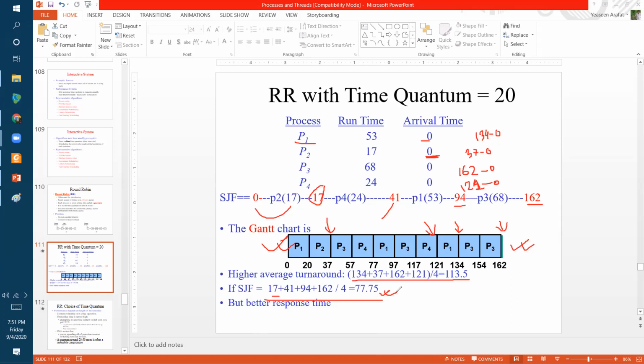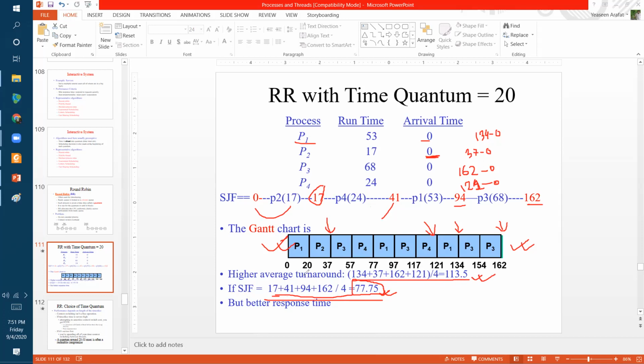So what is actually going on there? In SJF, the average turnaround time we find is only 77.5 seconds. This is much shorter than round robin with quantum time 20. The turnaround time in the round robin algorithm is much larger, 113.5, compared to non-preemptive SJF.